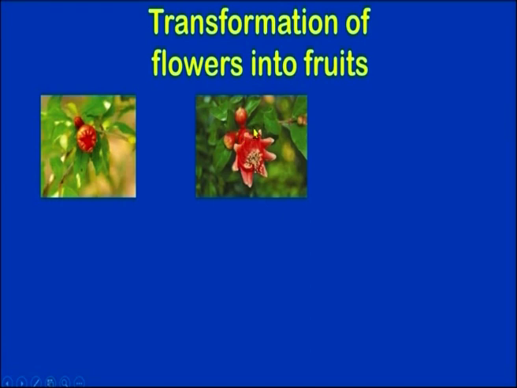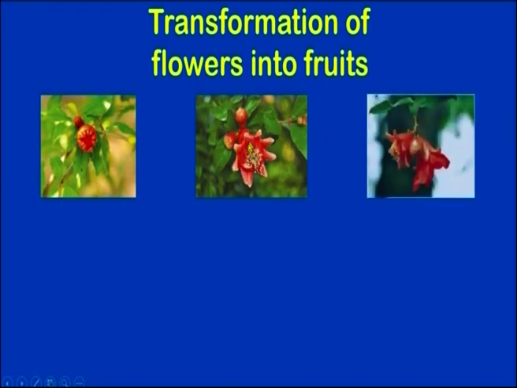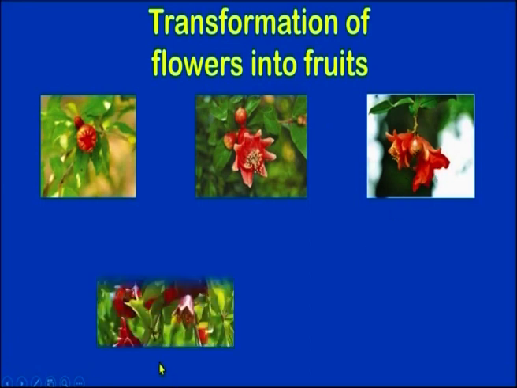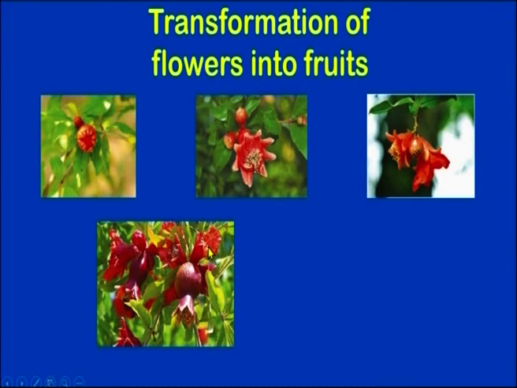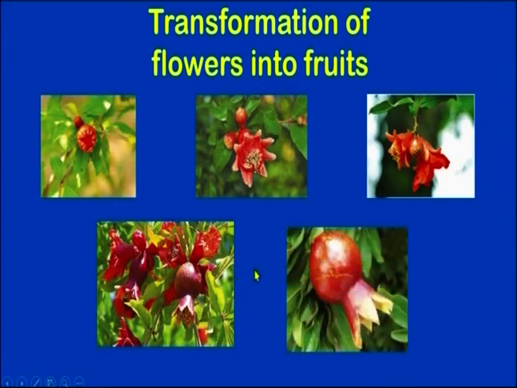Next we see the bud has opened. It has become a flower, even the petals have opened. And here we see the flower slowly changing into a small pomegranate fruit. And in the next picture you see it is growing into a big pomegranate fruit.